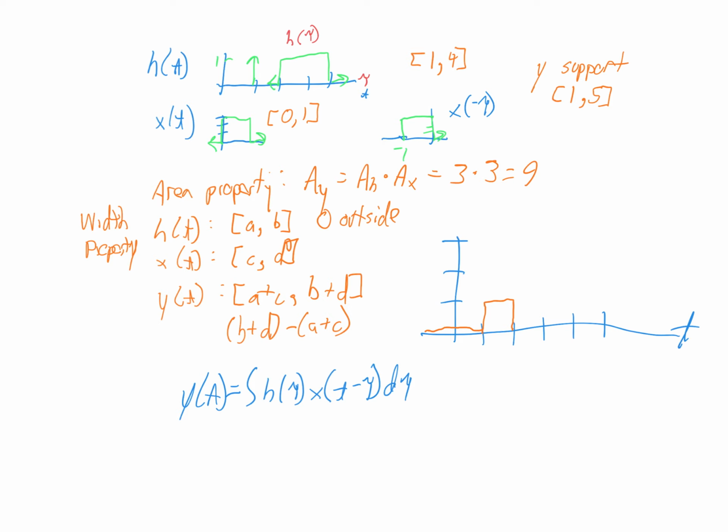Now, as t reaches 2, I now have x starting to touch this rectangle here. Oh, I did the height wrong, because the height is 3, because the height of x is 3. Let's fix that. Okay, there we go. So now we have the rectangle of x is moving over to the right, and it's starting to overlap this rectangle.